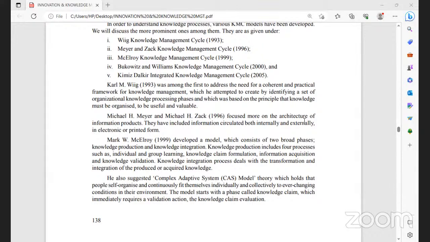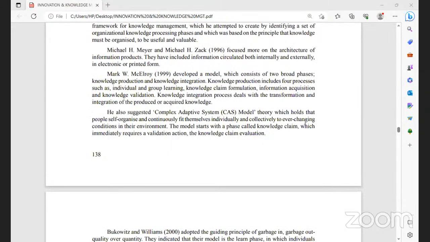Relating to that knowledge management cycle implementation. And next one is Jack, who focused more on the architecture of information products. They have included information collected both internally and externally in electronic or printed form. Means this Jack explained more on the architecture of the knowledge management cycle. Coming to Mark, his model consists of 2 broad phases, knowledge production and knowledge integration.